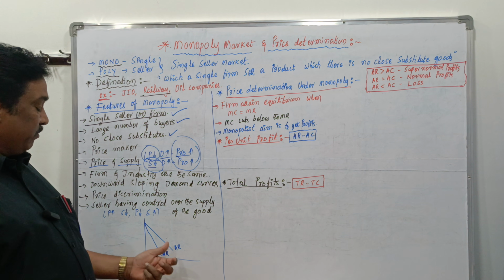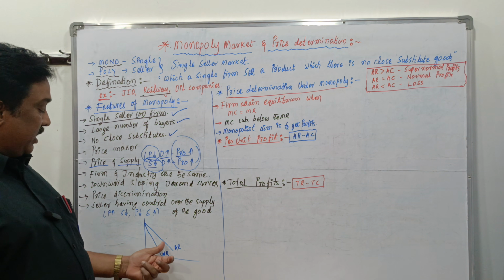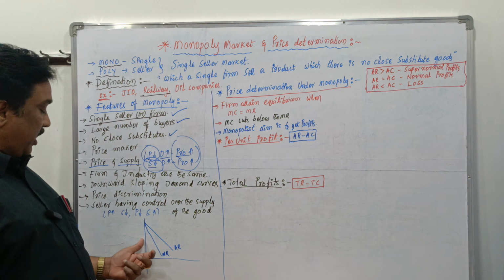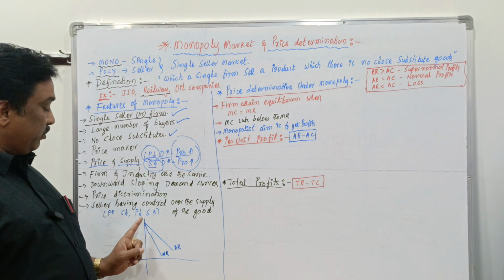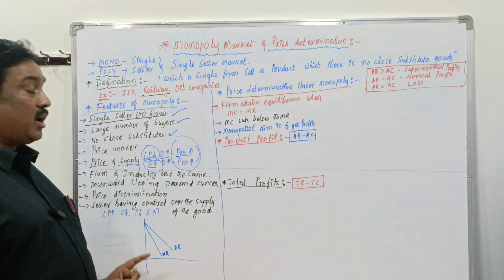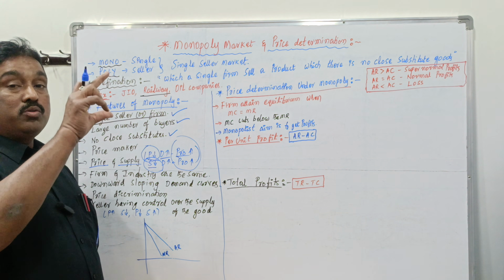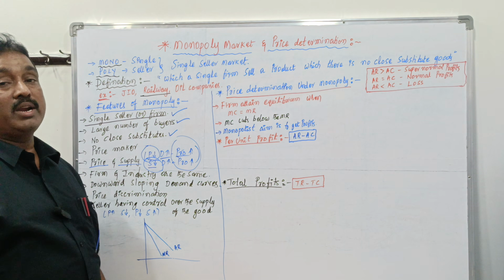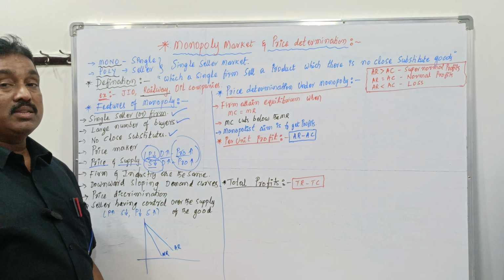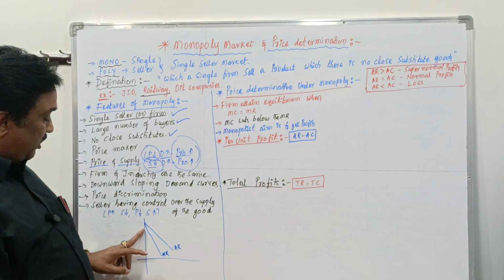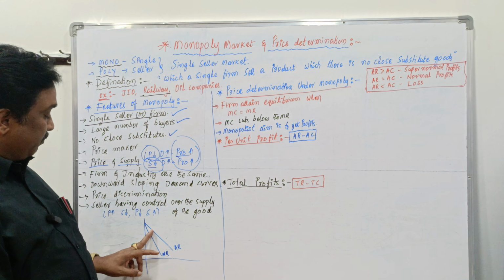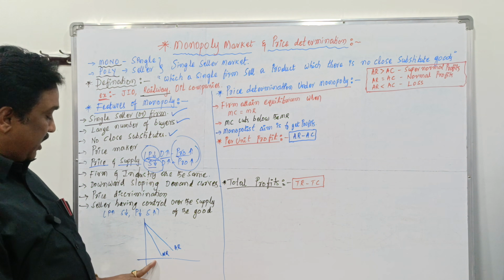Negative slope is there. If the price decreases, the demand increases. If the price increases, the demand decreases. So always in the monopoly market, the demand curve slopes downward, left to right. For example, when the price is high, there is low demand, and when the price is low, there is high demand.